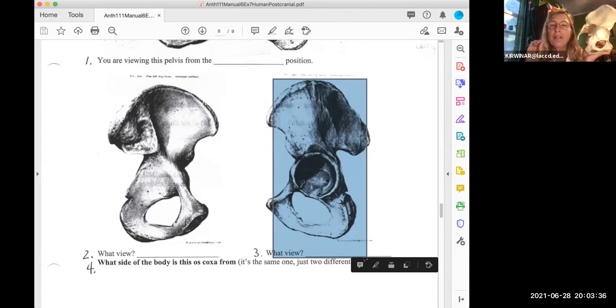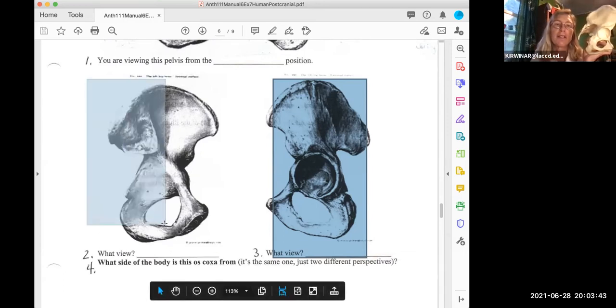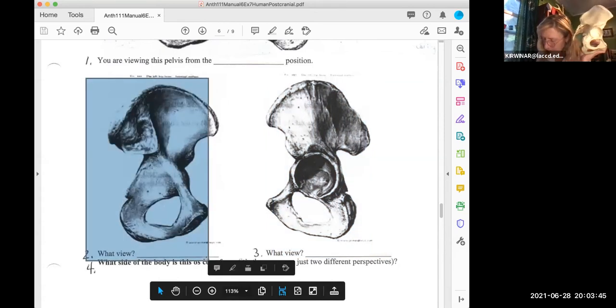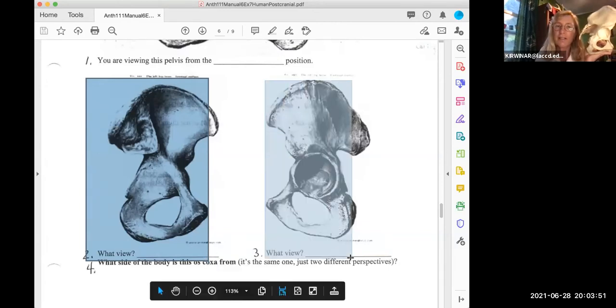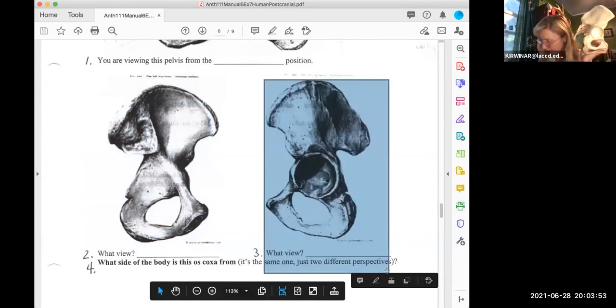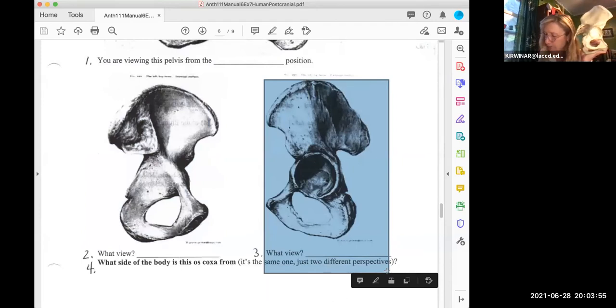So they're both left os coxas: a left os coxa in the medial view at the left side of the page, and a left os coxa in the lateral view on the bottom right of the page. And there you go.